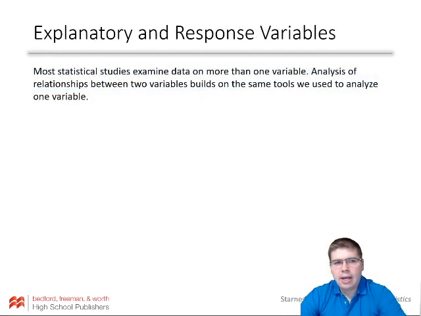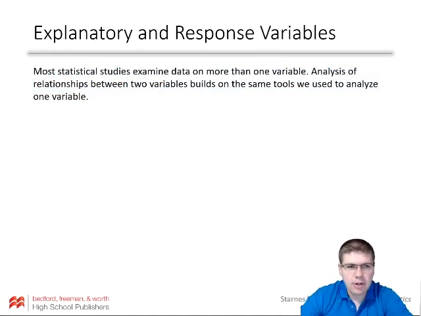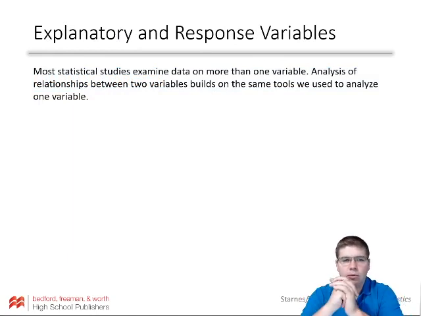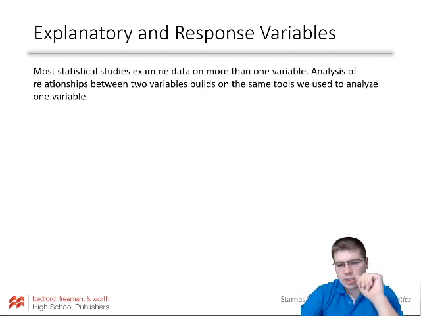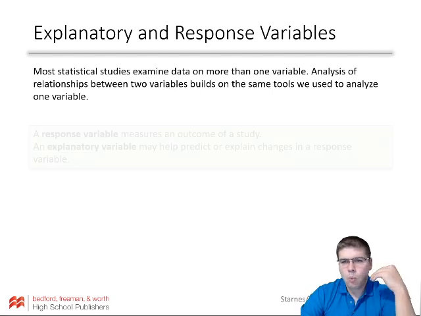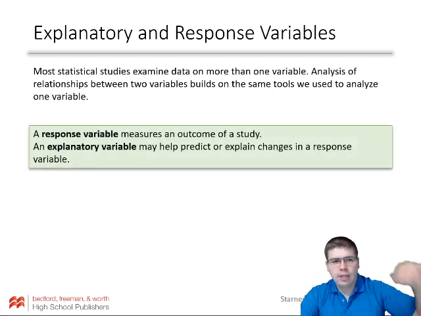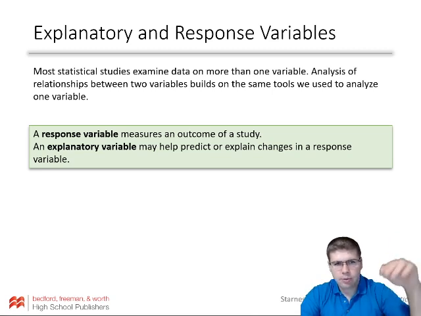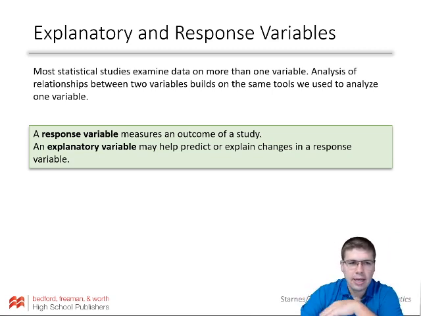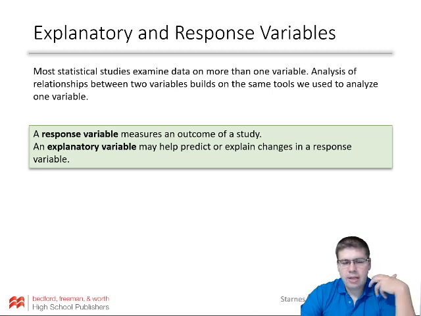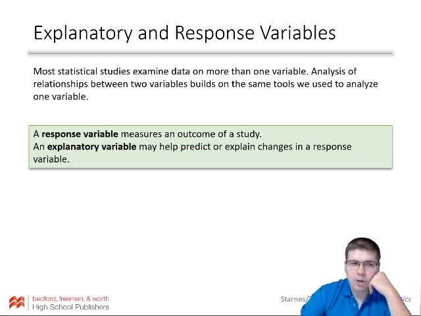So, explanatory and response variables. When we are doing our studies, a lot of times we're looking at the relationship between two variables. We use one variable as a measure, where we're recording our response, the outcome of the study, and a lot of times the explanatory variable is one we use to predict the response of the other variable.